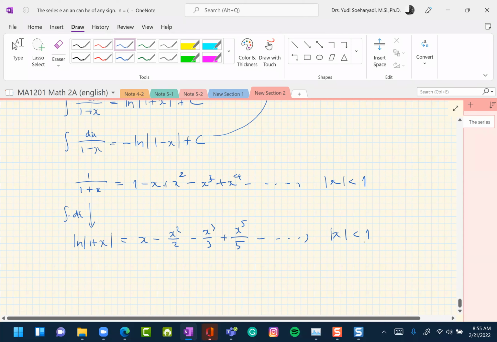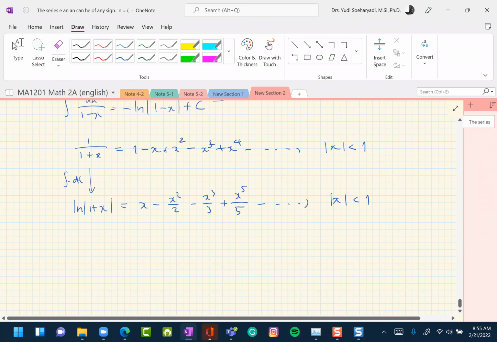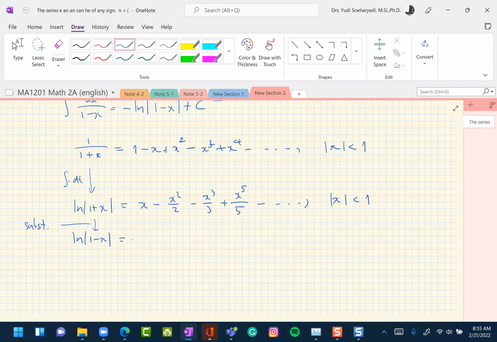And for the other one, it is just substitution. Replace x by minus x. Okay. And oh sorry, this is plus, minus, plus.